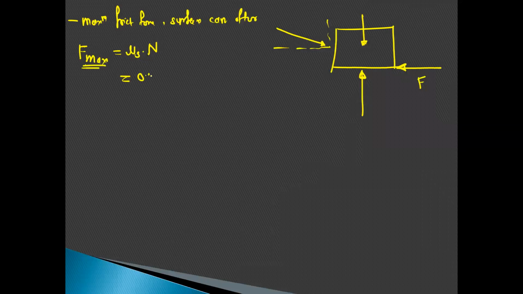Mu s is 0.3 into normal reaction, which is 120 Newton. So this is equal to 36 Newton. The surface has the capacity to offer a frictional force equal to 36 Newton.